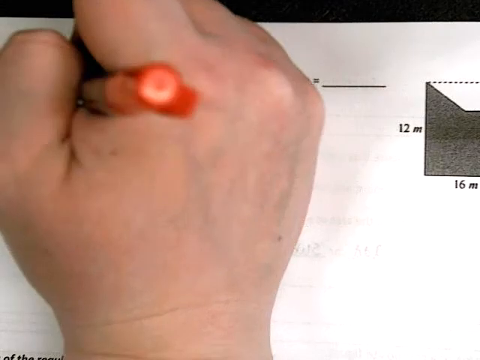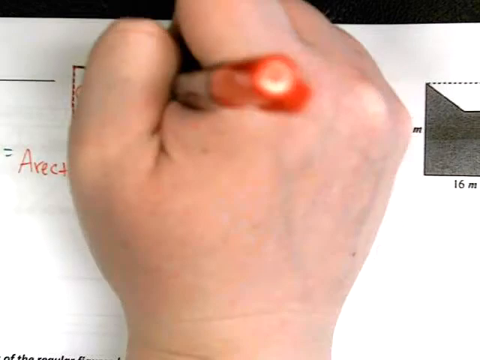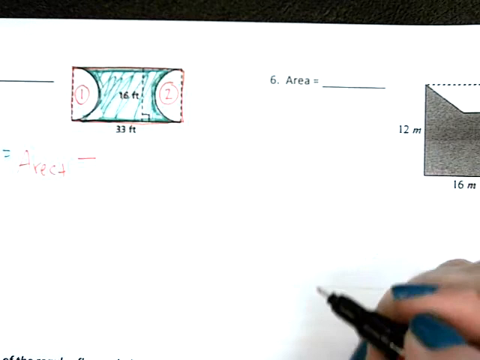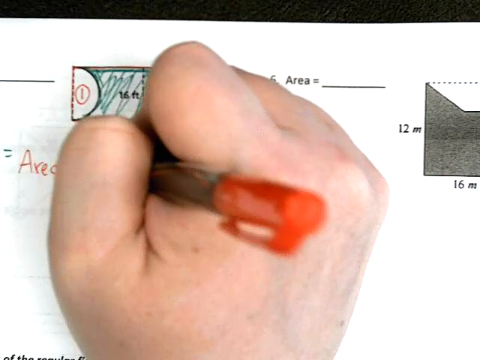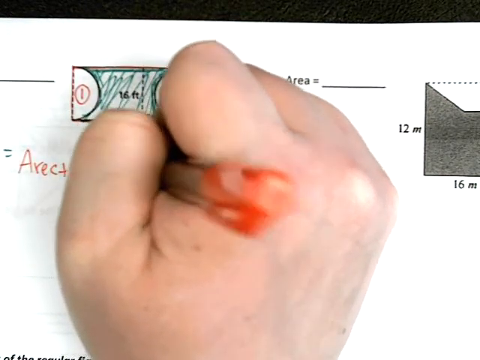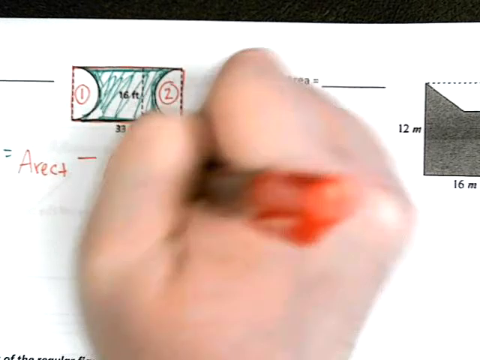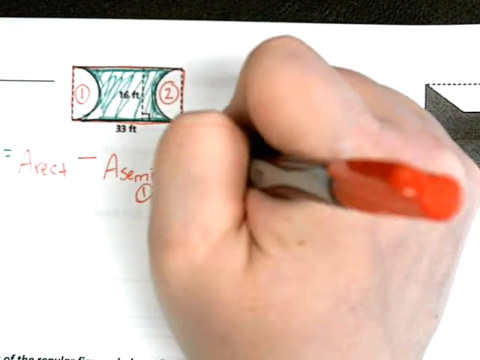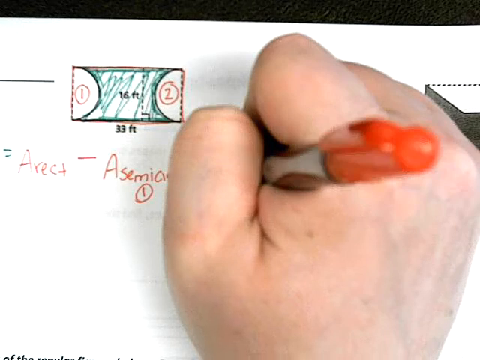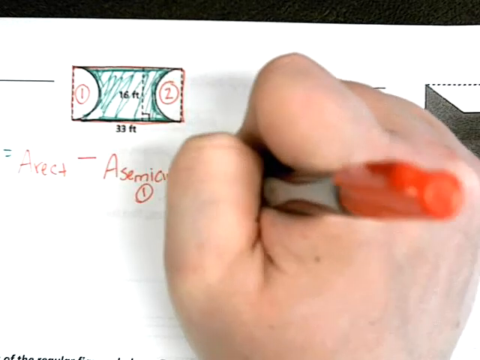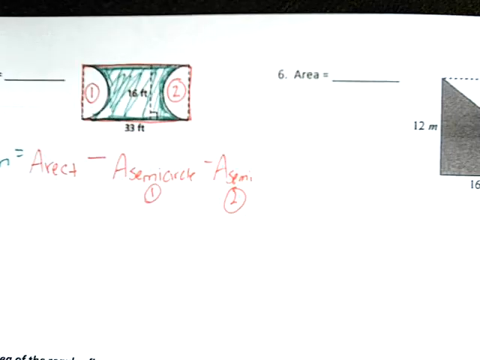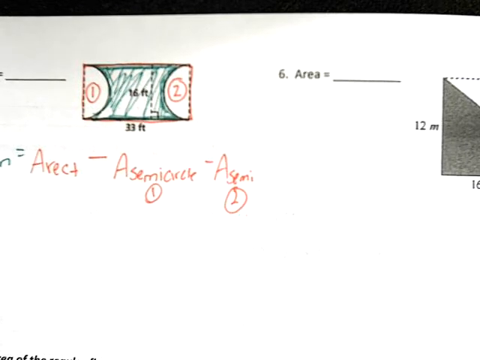We've got a semicircle right here and a semicircle right here. So I would subtract the area of semicircle 1 and subtract off the area of semicircle 2. That will give me the total green area. This is the first example we're doing where we have to actually subtract.